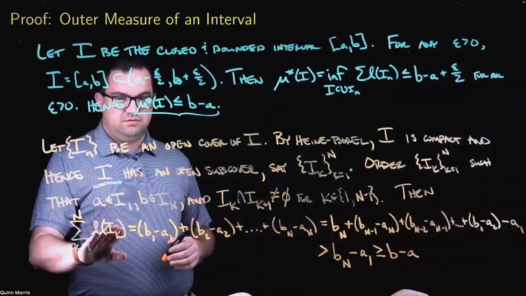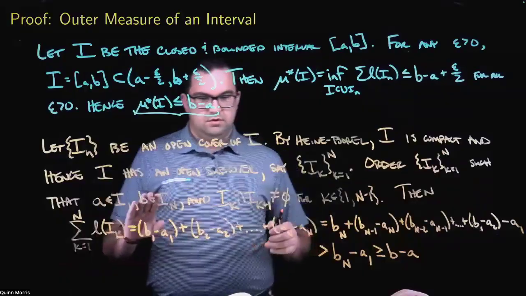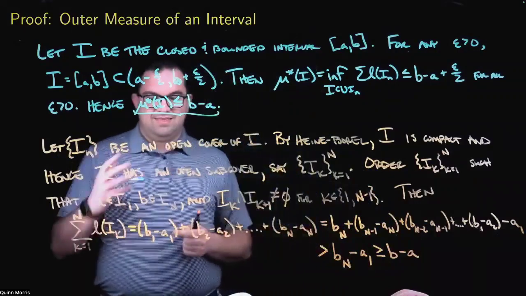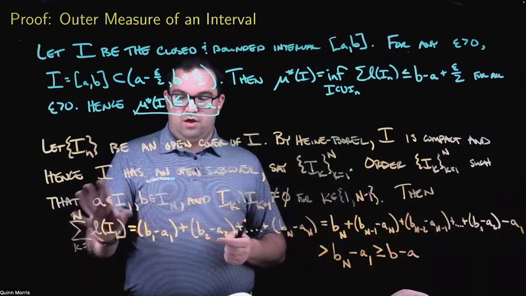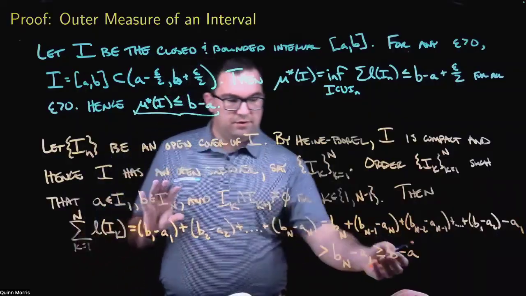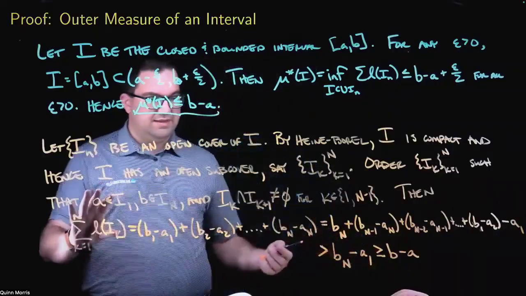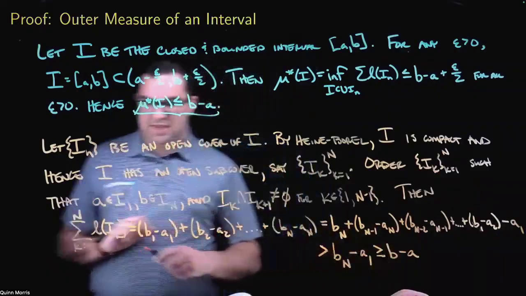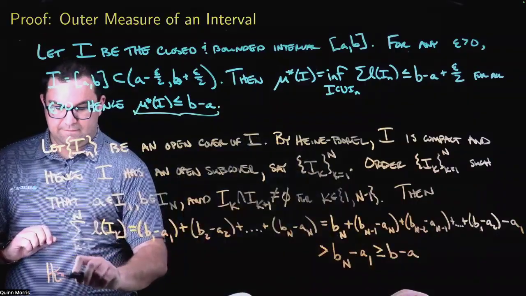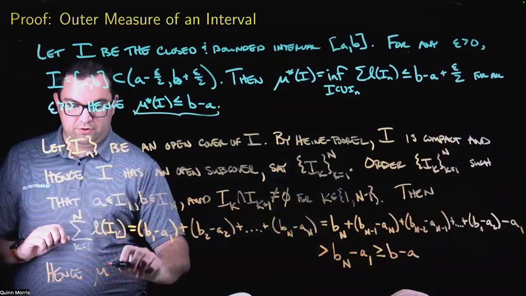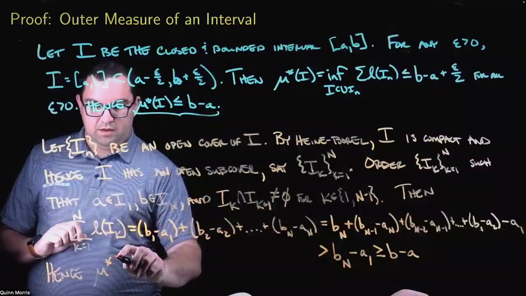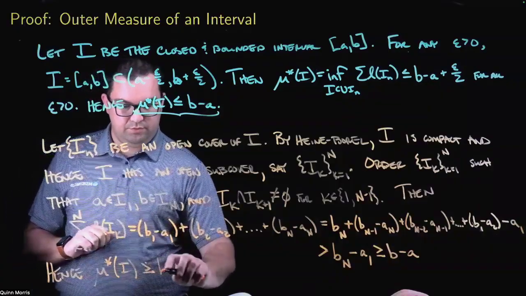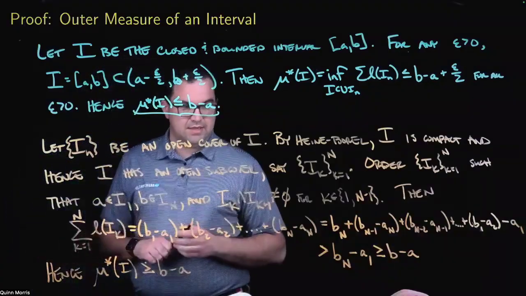I have that the sum of the lengths of these open covers must be greater than or equal to b minus a. Well, if I then take an infimum of all of these things, given that each of these is bounded below by b minus a, the infimum must also be bounded below by b minus a, and so hence the outer measure of I is greater than or equal to b minus a.